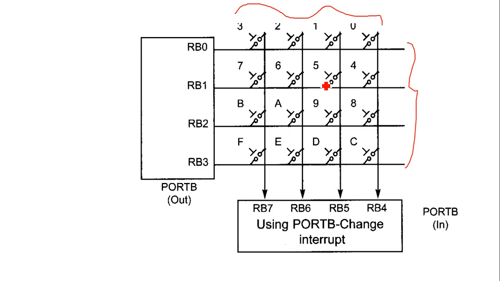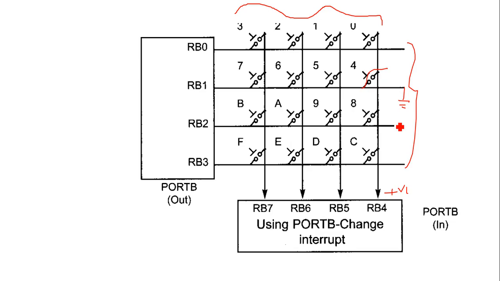If I say 4 has been pressed, at that time the row is grounded. The rows are already grounded and the columns are at VCC. So if I press the 4th key, it gives a path for current to flow.